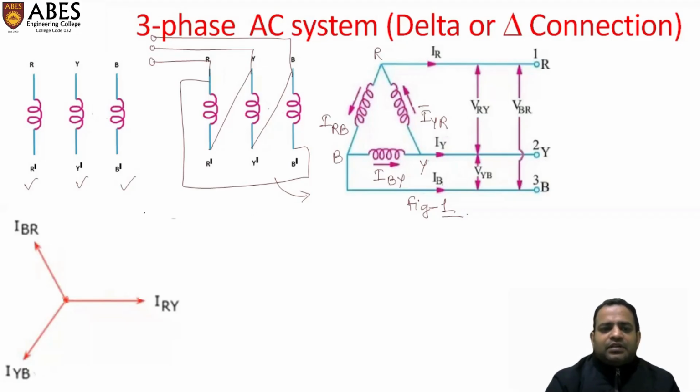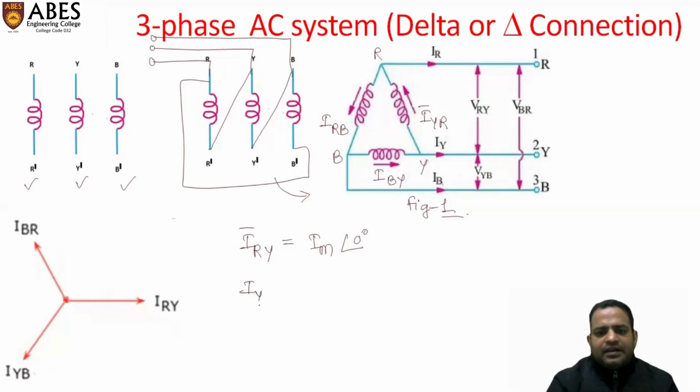So this is our balanced current phasor, which are situated here. And we can write the value of IRY as IM angle 0 degree.